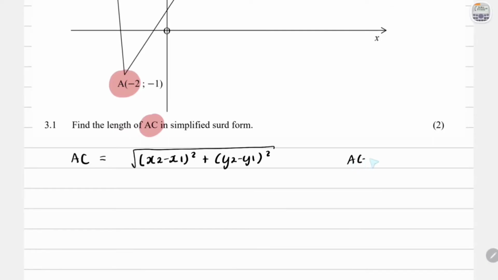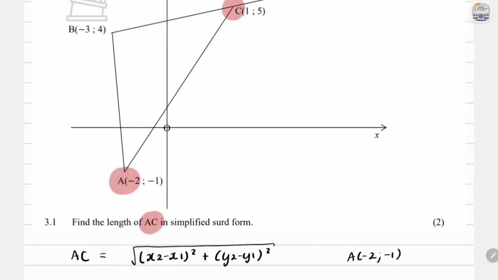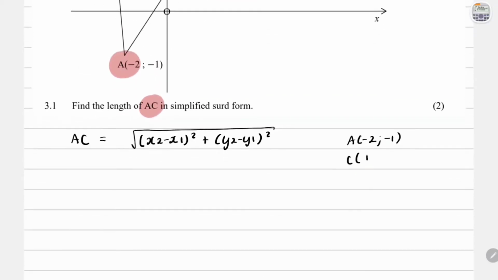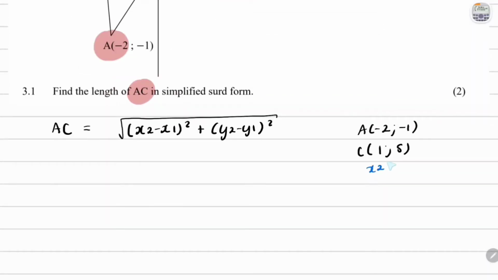Okay, so remember A is (-2; -1), and C is (1; 5). So you can just use this as your x2 and that's your x1, and then that's your y2 and your y1. So this means that we have AC is equal to the square root of x2, which is 1, minus -2, right?